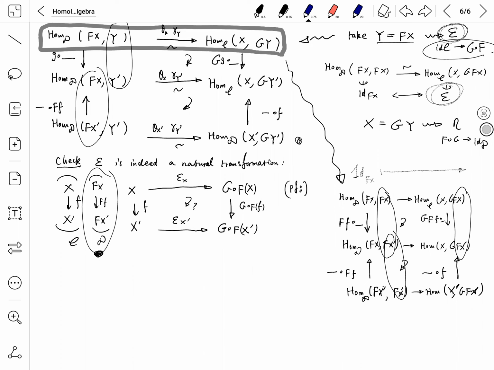Identity corresponds to epsilon. Epsilon is a map from x to gfx.